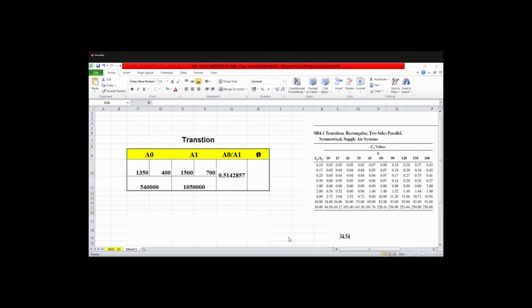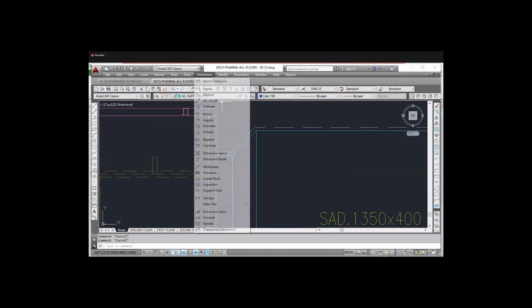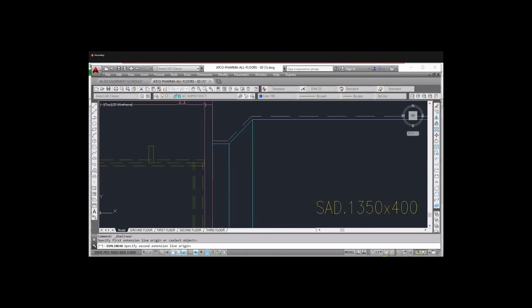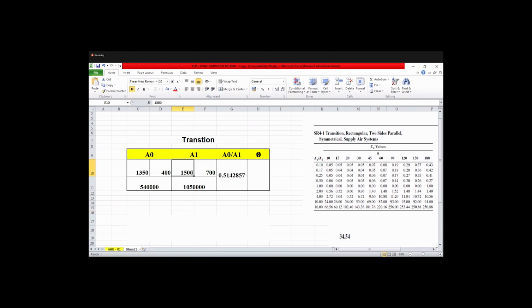So this size is the A1 size. The width will be 950. So we have to mention here 950 by, what is the height? The height is the same, so we have to mention 400.